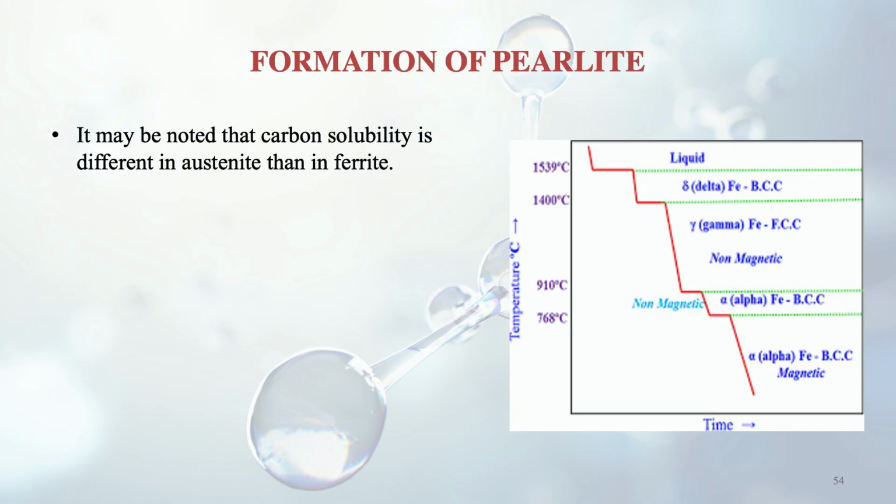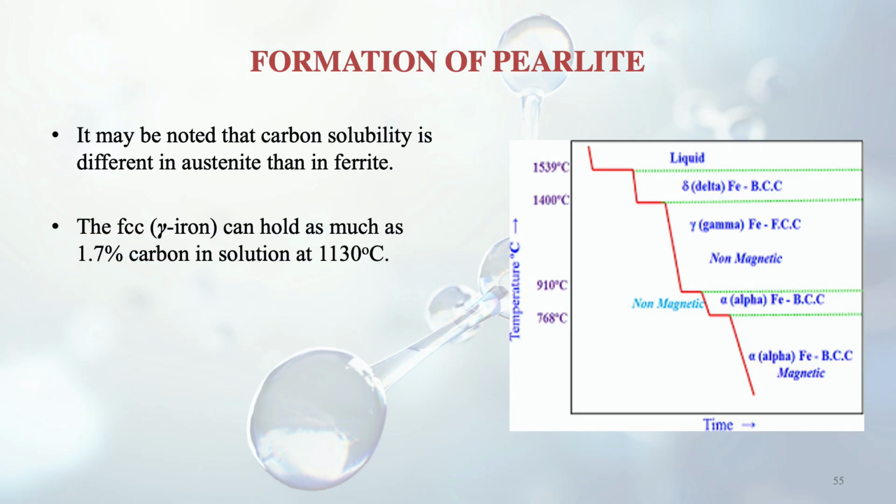Again, coming back to the iron cooling diagram, it may be noted that carbon solubility is different in austenite than in ferrite. The FCC gamma iron can hold as much as 1.7% carbon in solution at 1130 degrees centigrade. So at 1130 degrees centigrade, the austenite can dissolve about 1.7% of carbon.